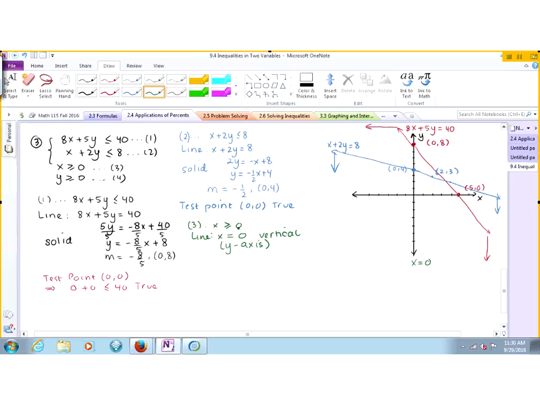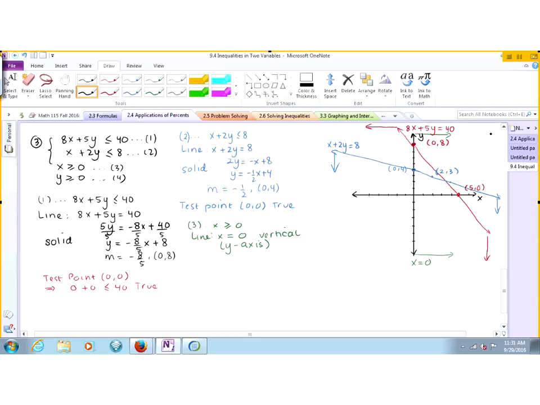Now, can you tell me which side is greater than 0 without doing a test point? So this is the line. Is it the right or the left? Do we need a test point here? You know why this is greater than 0? Because it is 1, 2, 3, 4.